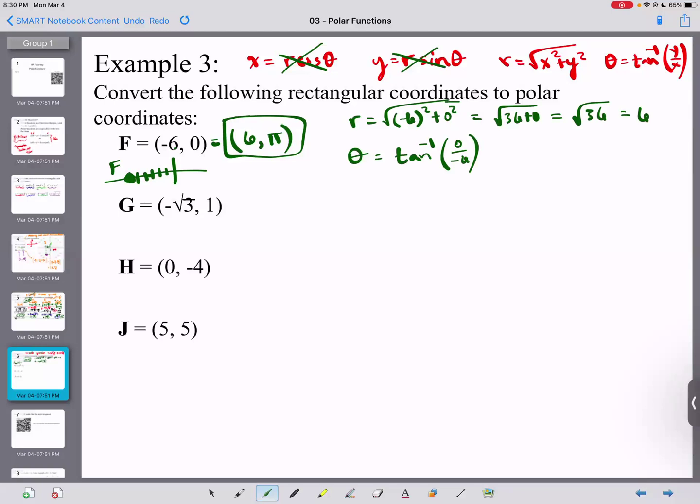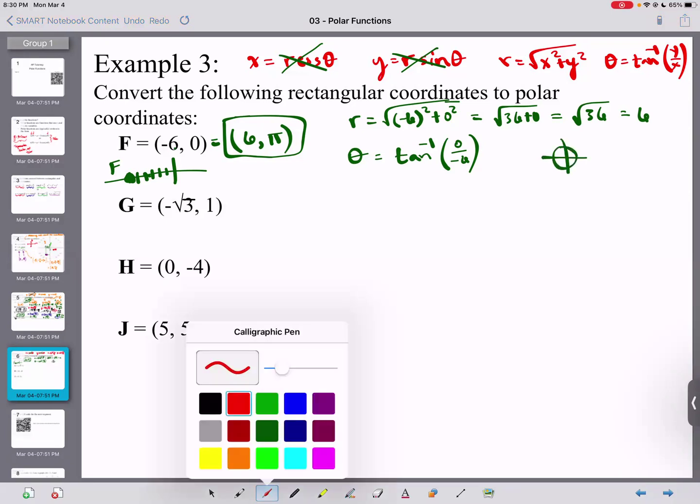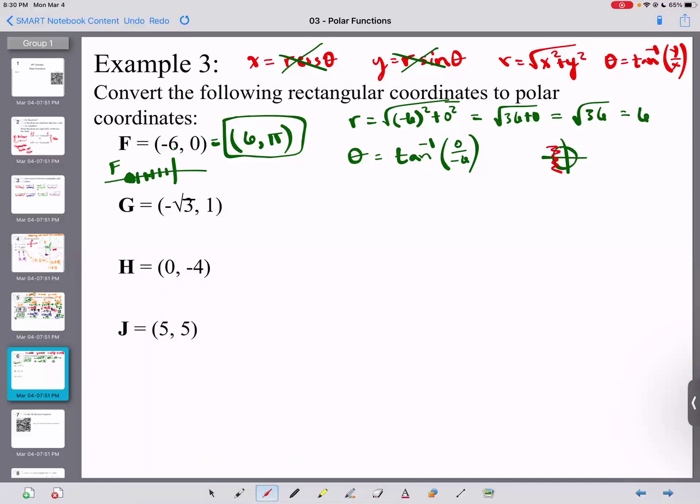Because this is on the left side of the graph, the inverse of tangent, I want to remind you, is restricted. And so since the inverse of tangent is restricted like that, you'd have to add a pi to go left. And if you type it in the calculator and press enter, what you'd find out is the tangent inverse there is 0. And so it's 0 plus pi, which is just going to equal pi. So we did do it correctly.